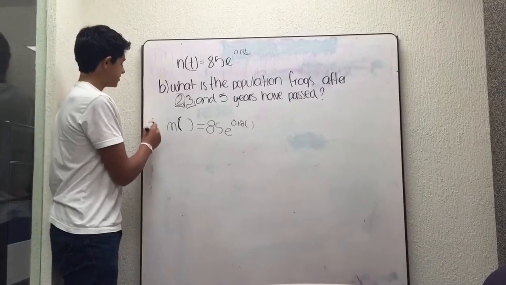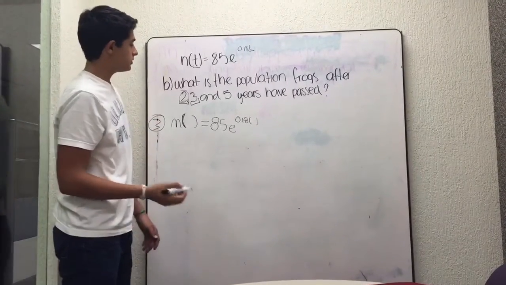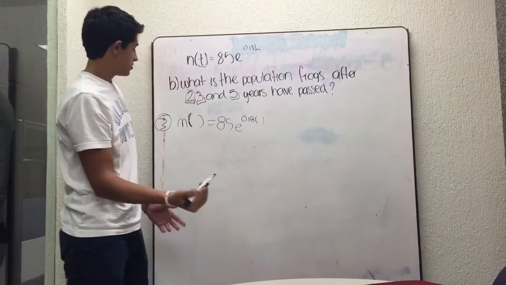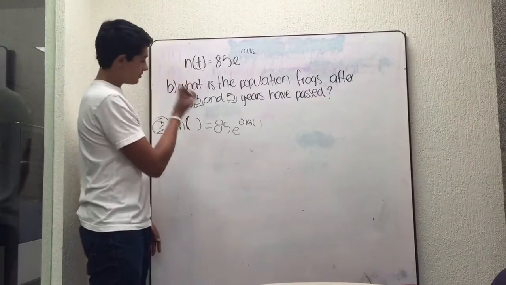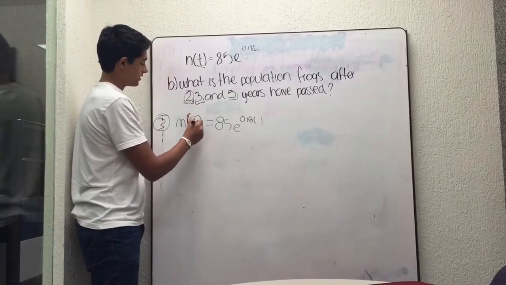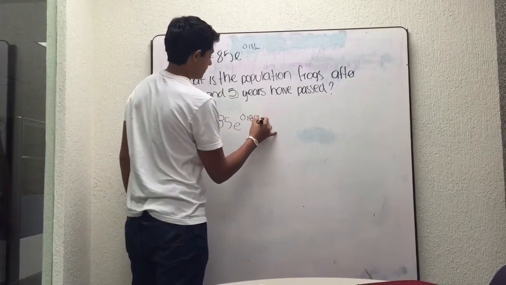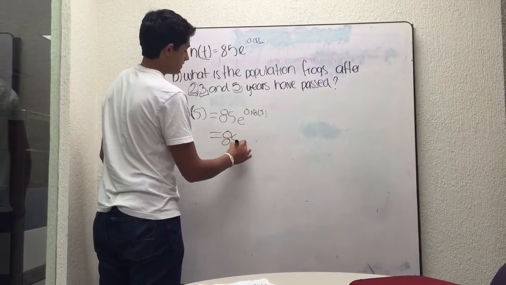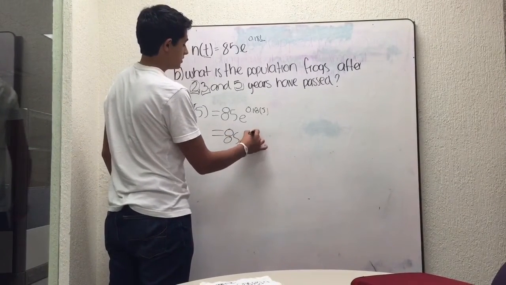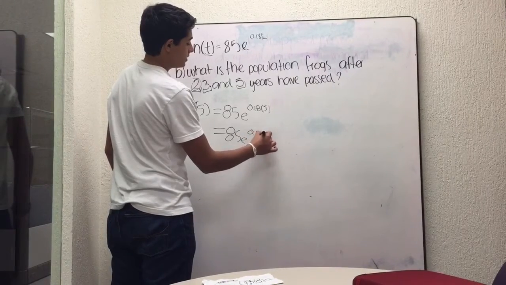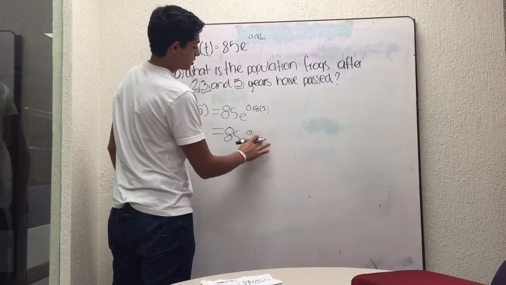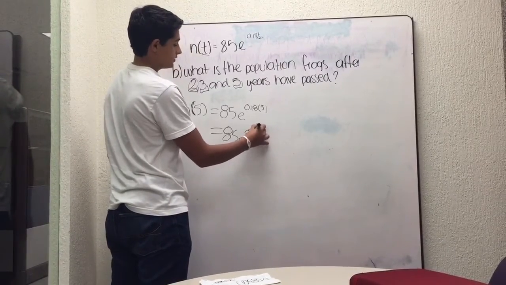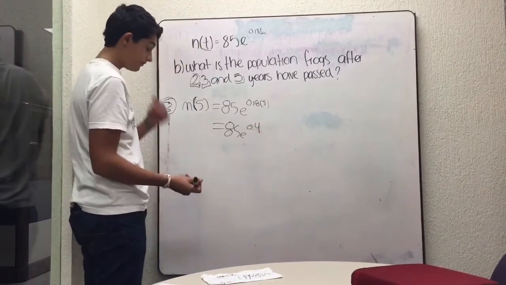For the third step, we need to solve the problem with 5 years later. So we substitute the number t, which means putting a 5 here and a 5 here. So it means 85 e to the 0.18 times 5, which gave us 0.9.